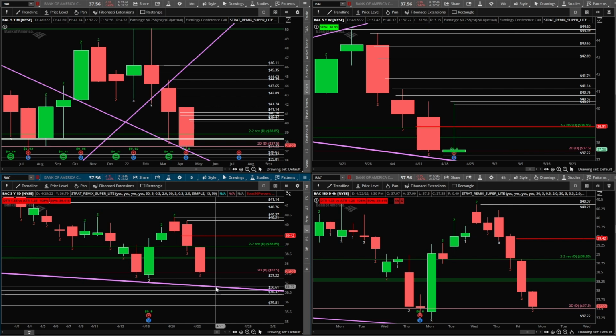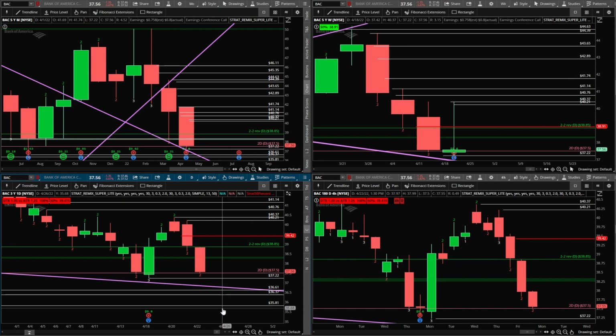I think everybody is well aware of that. So is this bottom of the broadening formation a significant area for banks? That's something to keep an eye on. So we're looking at the $37 area for maybe a potential bounce, just to see what we end up doing here as a significant level to me.